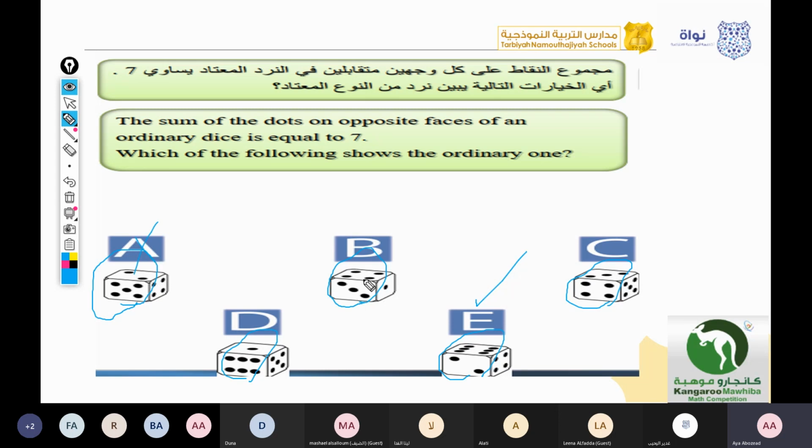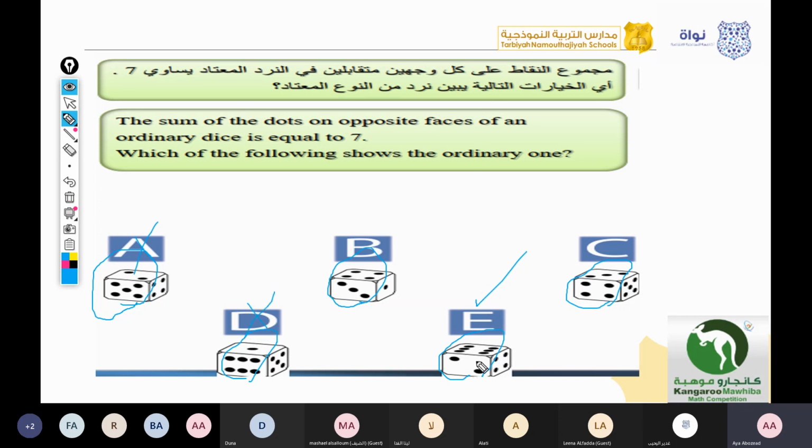Now, here you found a 7, so maybe the opposite here will be 6, but down will be 4. Down will be 5. So the opposite will not be 7. From here, the same way. From here, 5. So the other way may be 2. But down in here will be 3 and 4. So the opposite of 6 will be 3. So it's going to be 9. No, it's not ordinary also.